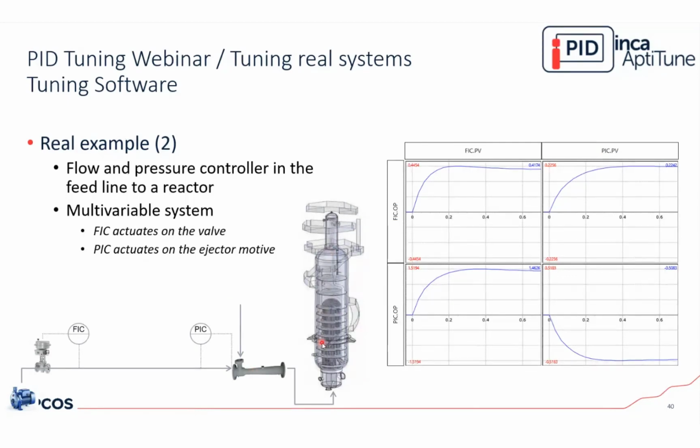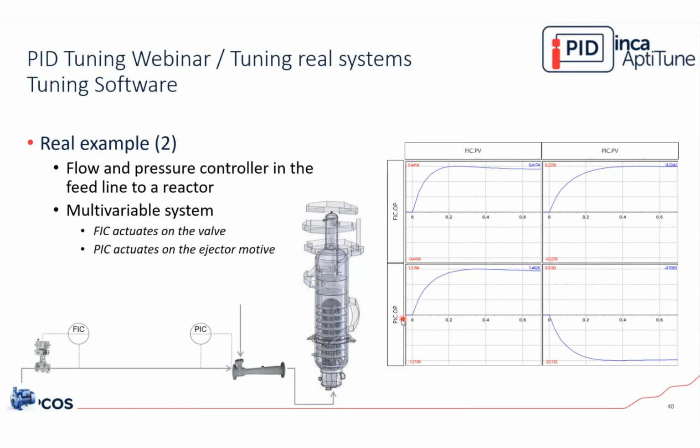Okay, so we can see that we have a flow controller and a pressure controller on the same line, right? And this is multivariable. Okay, so if you see here, if we change the valve position, the model for the flow is like this, and the model with the pressure is like this, right?